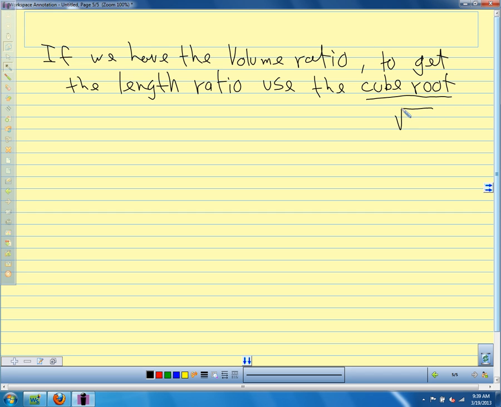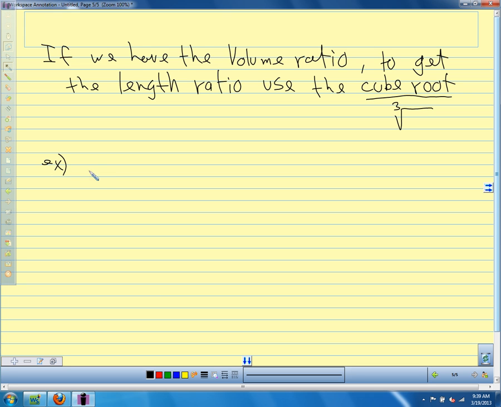So that's this thing. So just like we undo a square with a square root, we undo a cube with a cube root. So we go backwards from a volume to a length, we use a cube root.